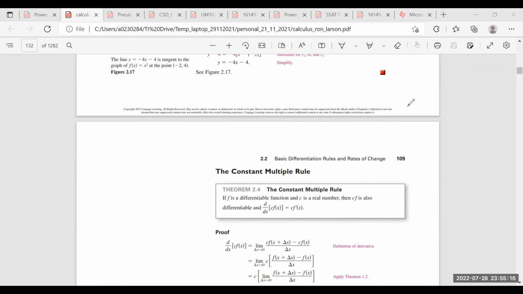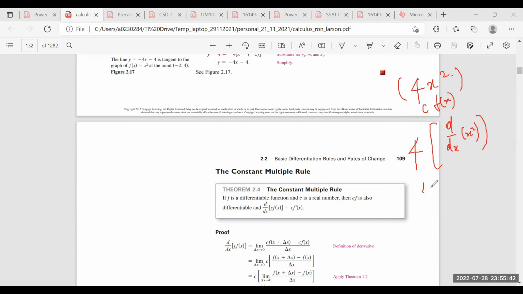So for an example, if I were to tell you, find the derivative of 4x square. Here, this is f of x and 4 is c, right? To find the derivative of this, I would separate out the 4, then take d by dx of x square alone.